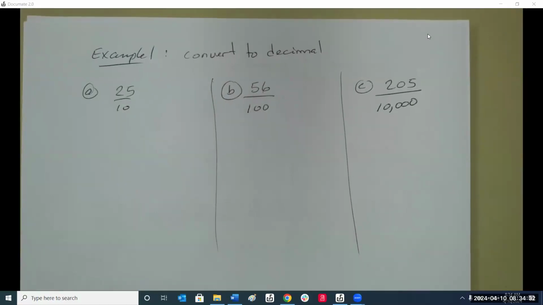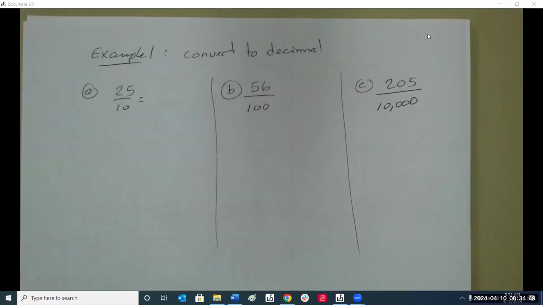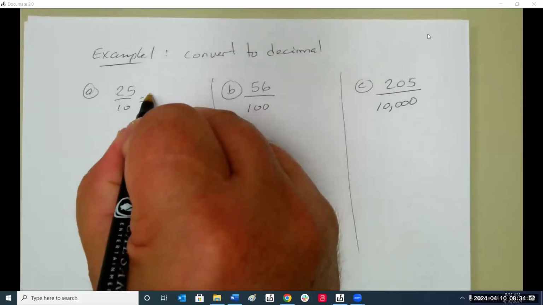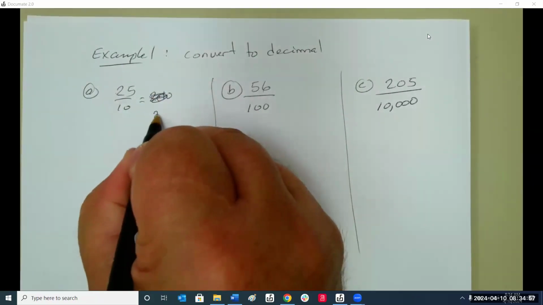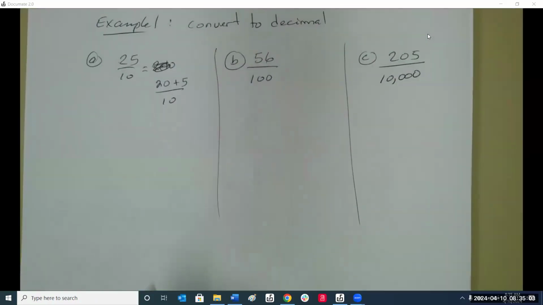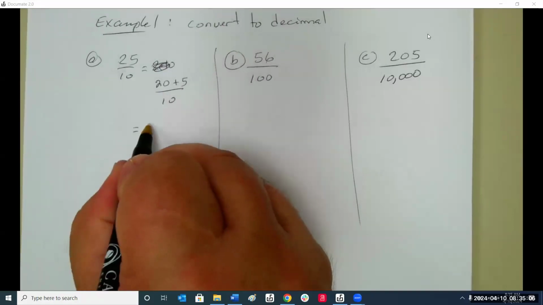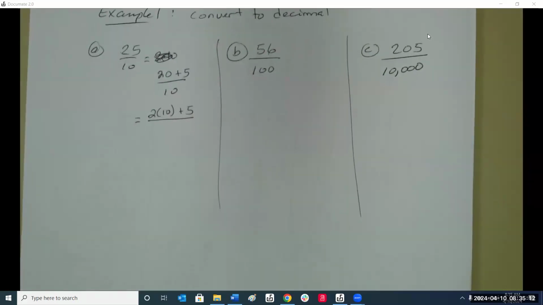So how would you do the first one? Without dividing just yet. Remember, we have to teach them what all these numbers mean. What is 25? We're teaching the opposite process we did. 25 is 20, which is 2 times 10, or let's do it by pieces: 20 plus 5 over 10. 20 is 2 times 10 plus 5 over 10.